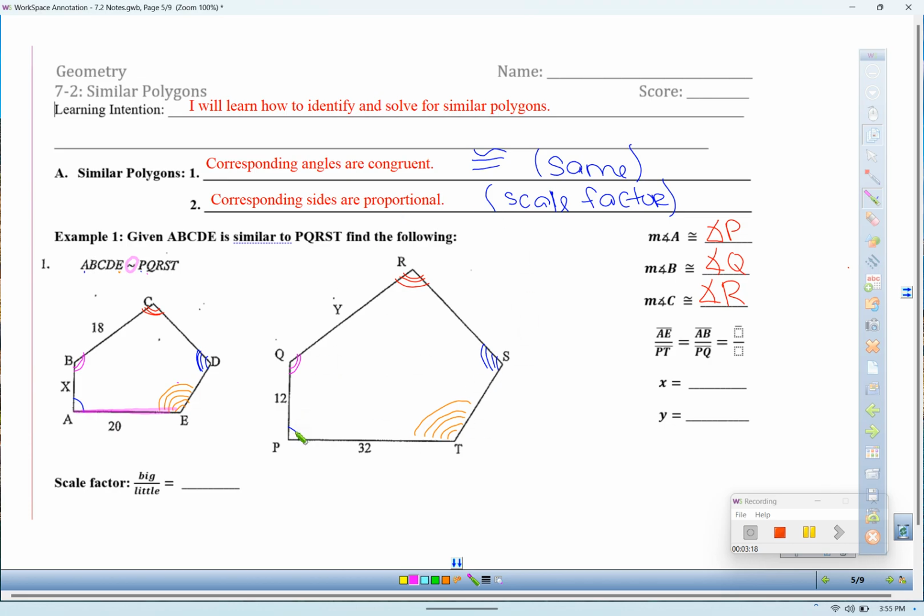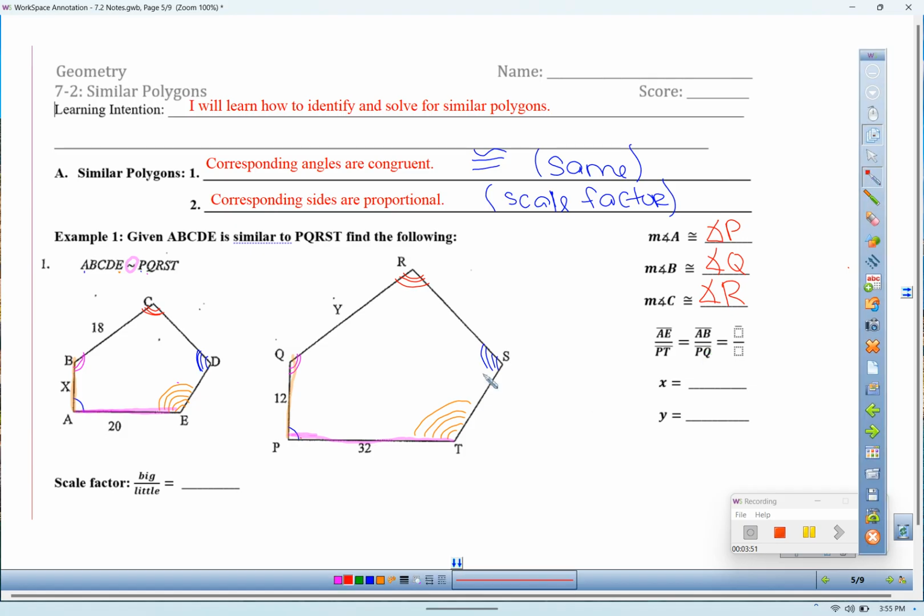And that's why these arc marks will help us, because I know it's talking about the segment in between 1 arc mark and the 5 arc marks. So this one also needs to be between the 1 arc mark and the 5 arc marks. So this is segment PT. And then they're asking us about segment AB, which is here, between the 1 arc mark and the 2, and this one's also between the 1 and the 2, so this is PQ.